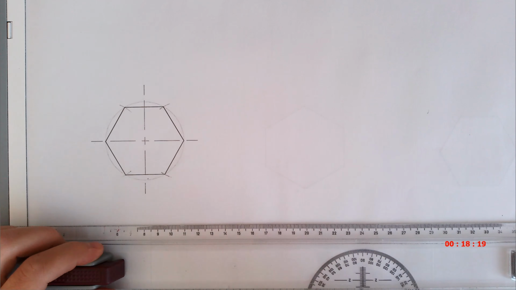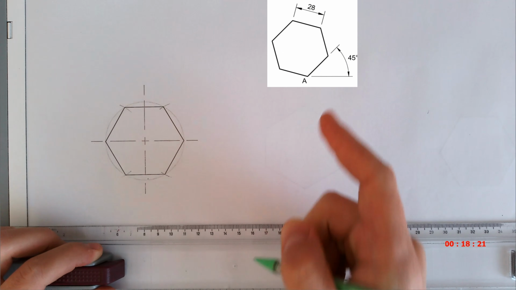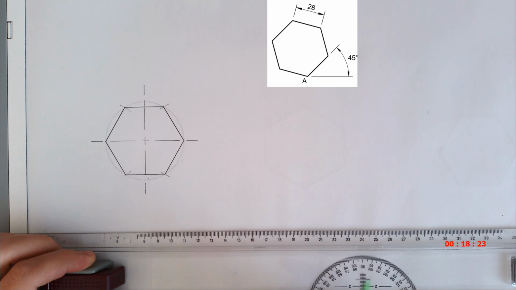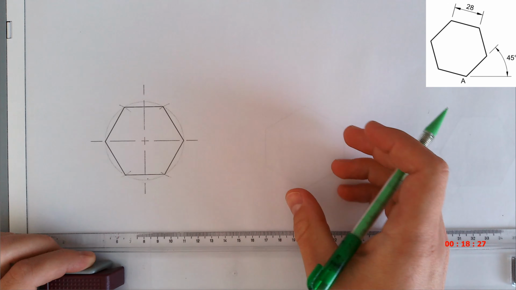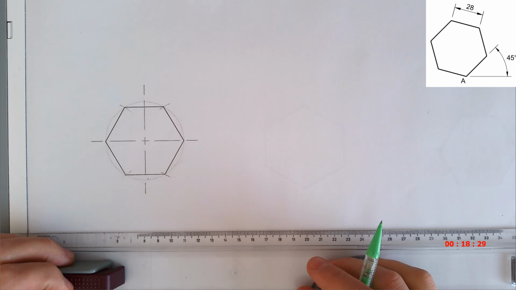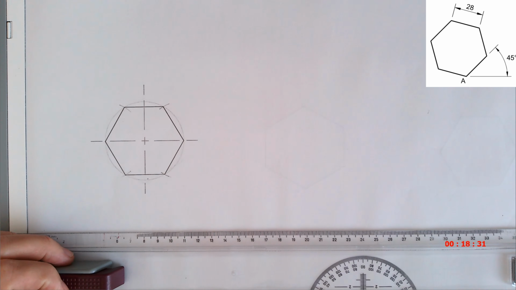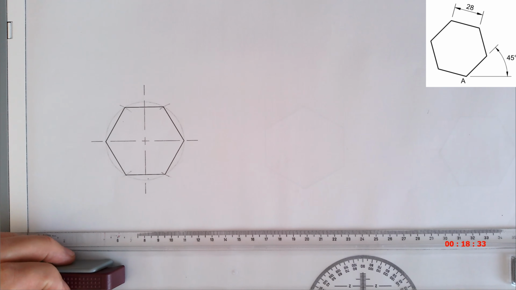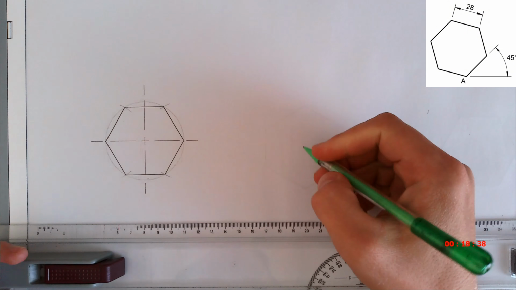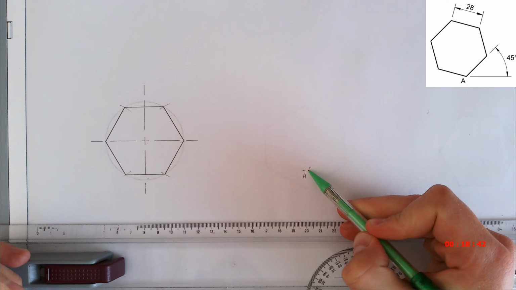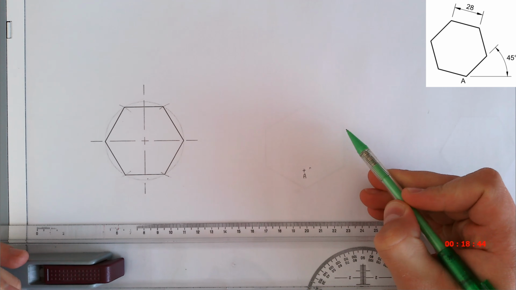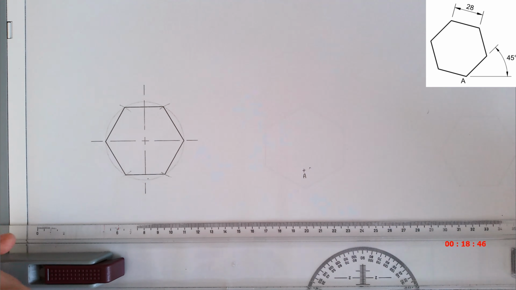Okay? Now let's say they give you something like this. Now the hexagon is orientated at a specific degrees. And they tend to ask this quite a lot as well, because they want to test your knowledge here. So they gave you a starting position, which will be A. So let's make an A here. And from that A, we need to draw a line of 45 degrees.